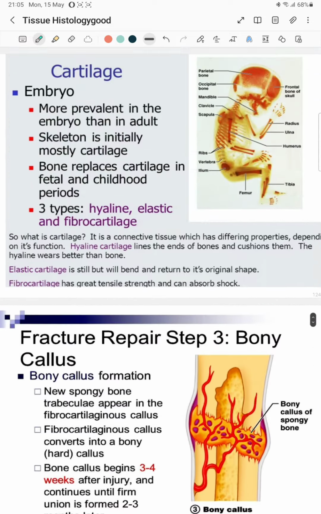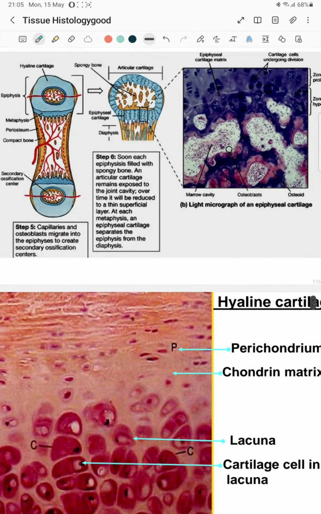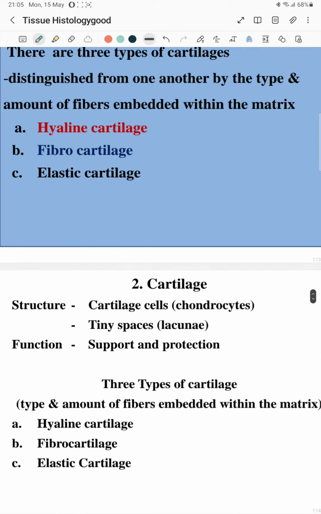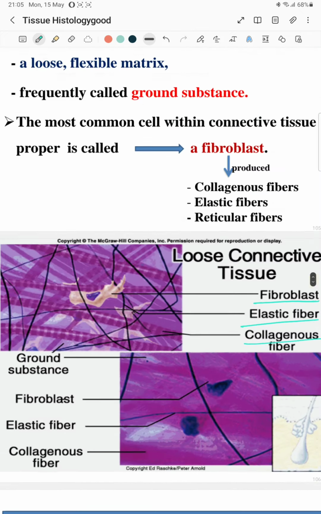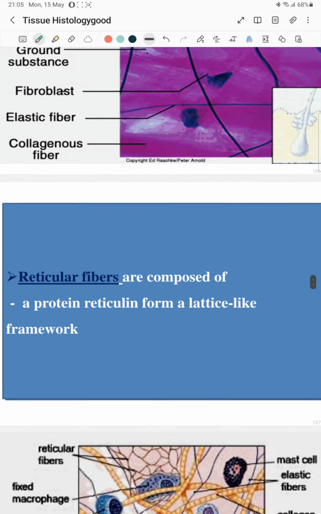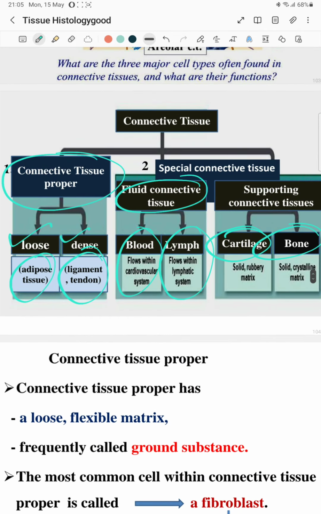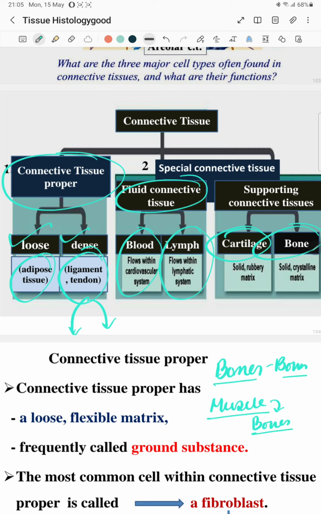Ligament, sorry. Dense connective tissues, we have ligament and tendons. As per your syllabus, you should just know that ligament and tendon both are dense connective tissue. Ligament helps the bones to stay connected with other bones. And tendon helps the muscle to stay attached with the bones. They are very important.